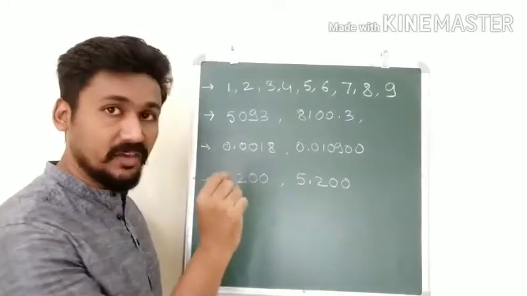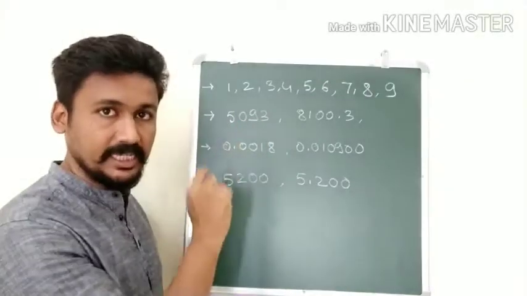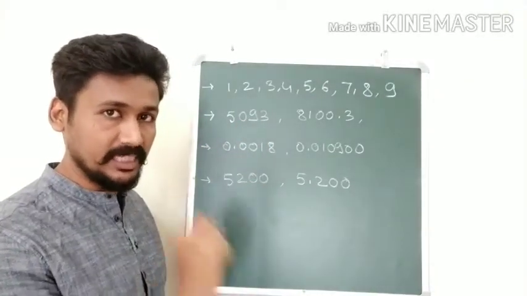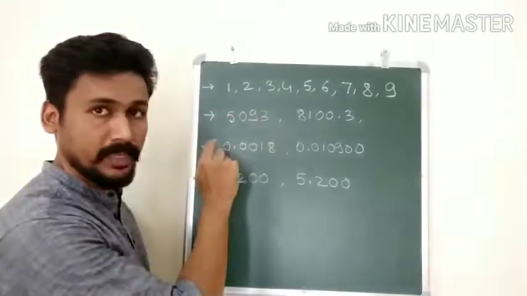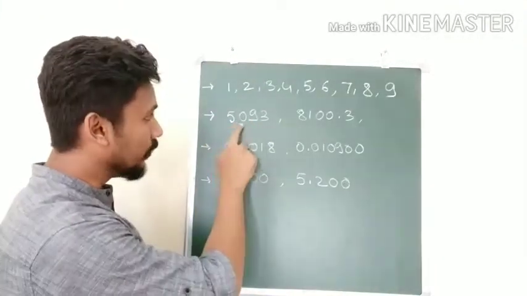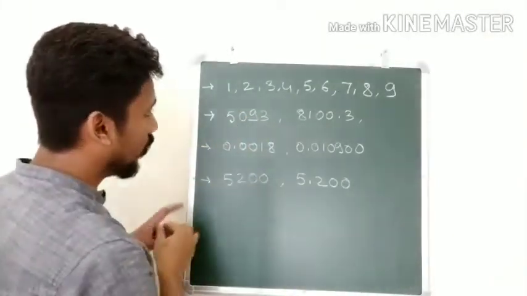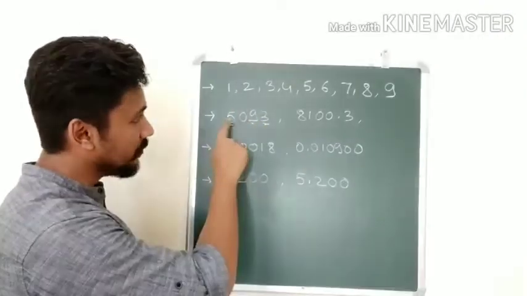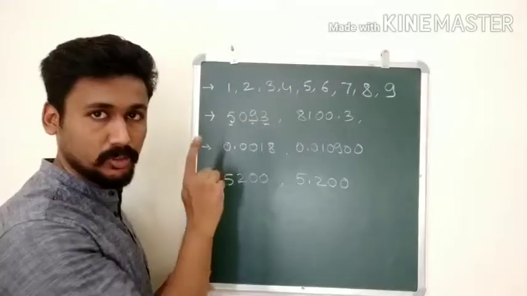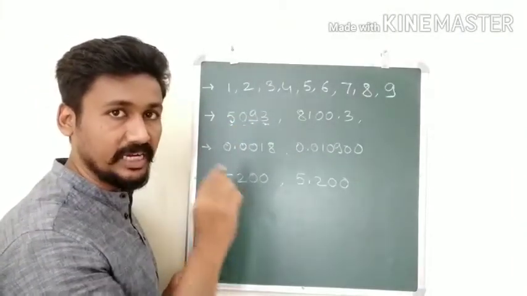Second rule, if a 0 lies between two significant figures, then that 0 will also become significant. Example, we have the number 5093. How many significant figures? It will have 4 significant figures. Why? We know that already 5, 9, 3, they are significant. 0 is between 5 and 9, therefore it is also significant. So we have 1, 2, 3, 4 significant figures.